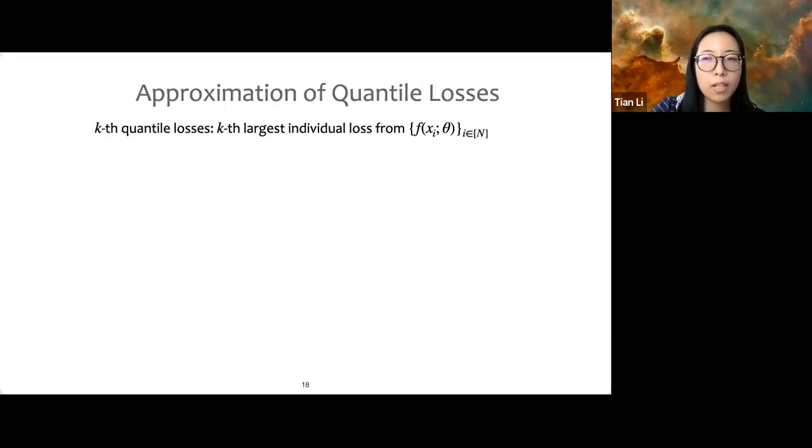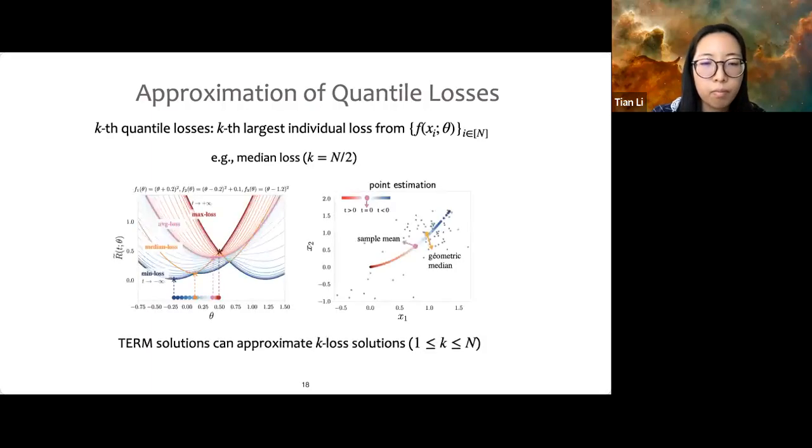The kth quantile loss is defined as the kth largest individual loss from this set. For example, the median loss is the n/2 quantile loss. And we show, both theoretically and empirically, that TERM solutions can approximate k-loss solutions for k from 1 to n.